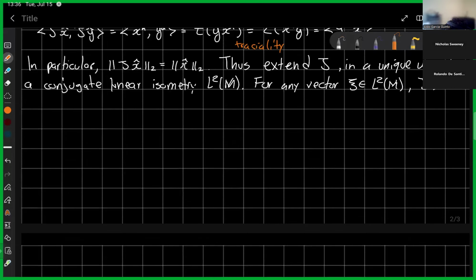And then now we're ready for our next definition, which is the name of J, pretty much, which is just the conjugate operator.